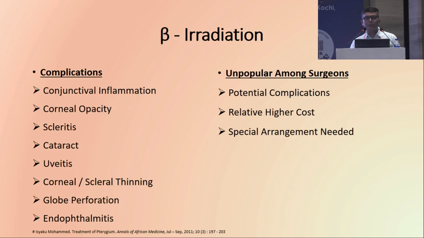But it is associated with a lot of complications. Complications were conjunctival inflammation, corneal melting, scleritis, cataract, and uveitis. It was unpopular because of the potential rate of complications, higher cost, and the special arrangement required to use radiation in a localized area in our operation theatres.